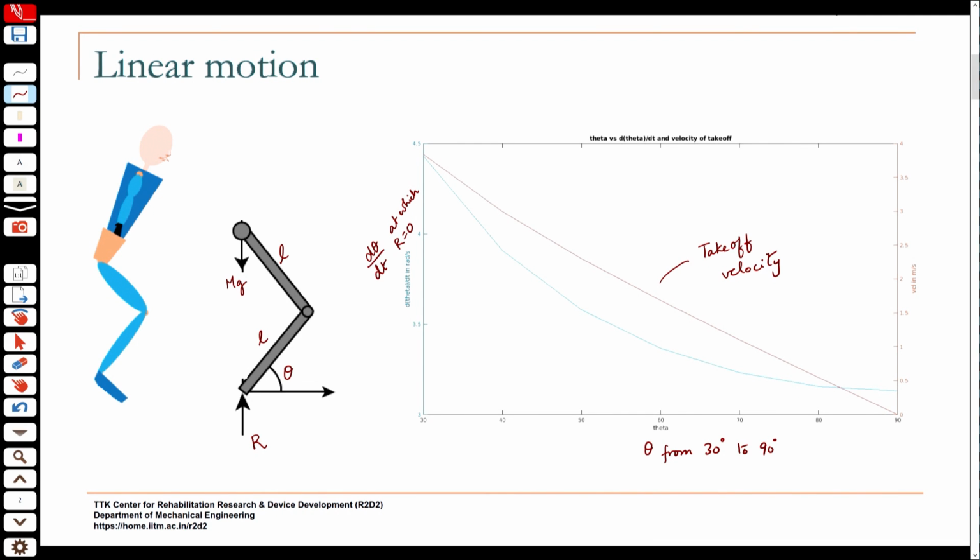This shows that if I have theta equal to 90, as Zacharaj had pointed out, the velocity of takeoff becomes 0. So, with this simple model, this says that if your legs are straight, you can't jump. If this shank makes an angle of 90 degrees. But that is more a limitation of the model, because in actuality you also have the foot segment and the ankle joint, and a more accurate model would be more like this.